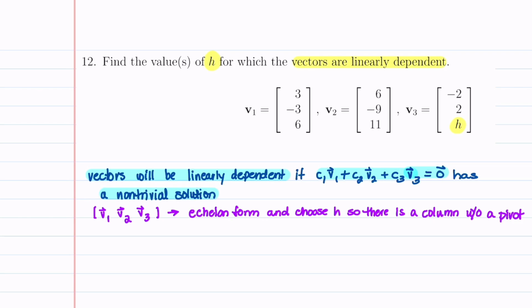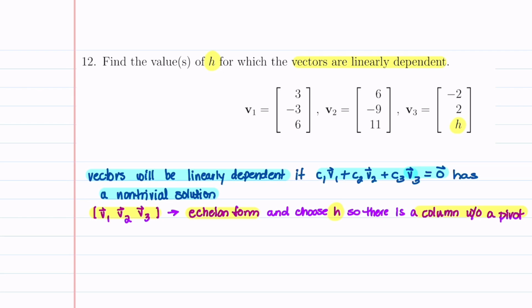So in practice, here's what we have to do. We have to start with a matrix, and in that matrix we're going to put vectors v1, v2, and v3. We're then going to put it in echelon form. The reason for this is that we want to see what type of solution we have. And we're going to choose h so that there is a column without a pivot.